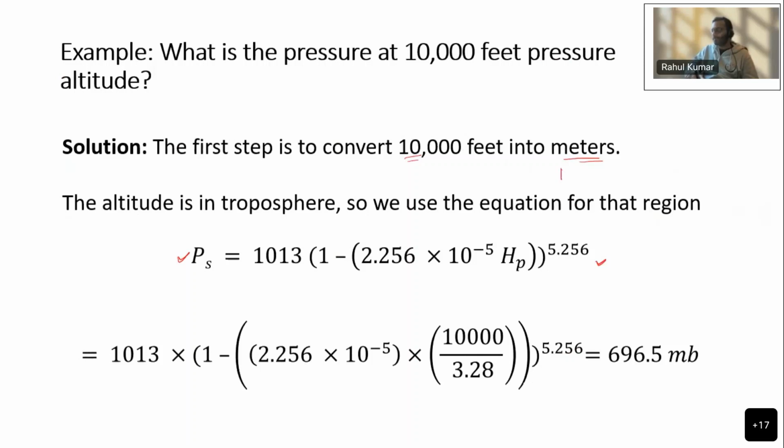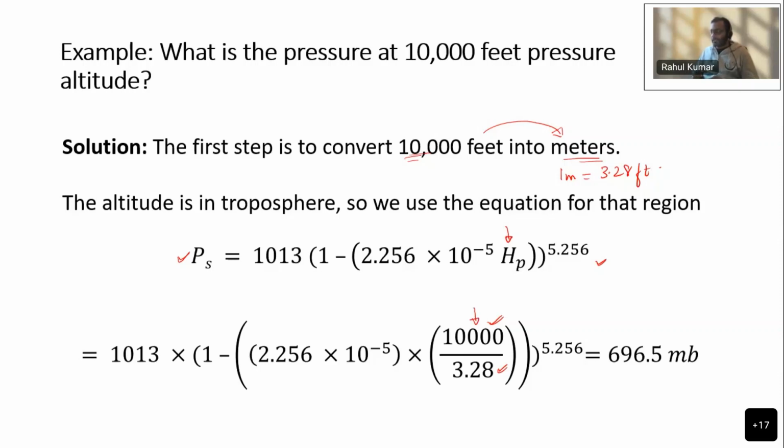So 1 meter is 3.28 feet. So if you convert 10,000 feet into meters, basically you have to divide 10,000 by 3.28. Okay, so I have just substituted the value here and converted it into meters.